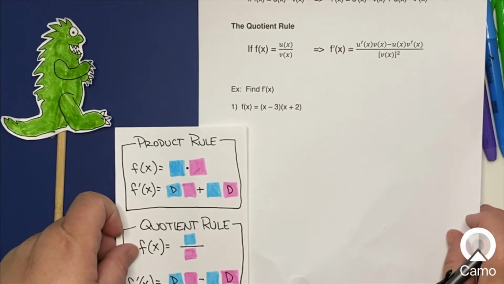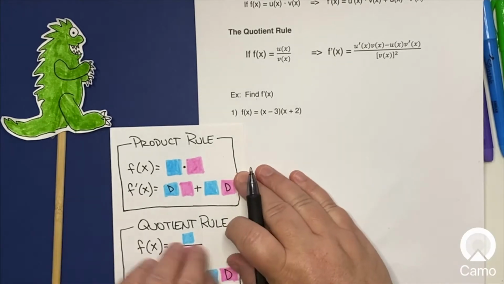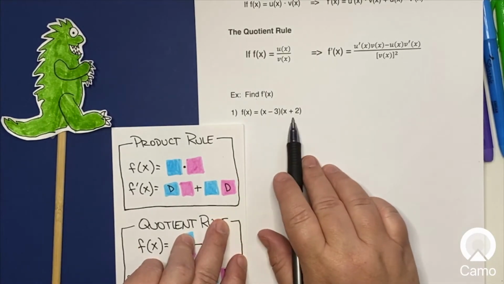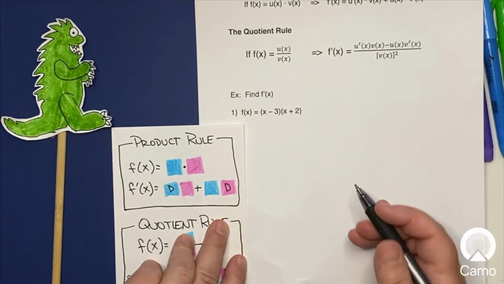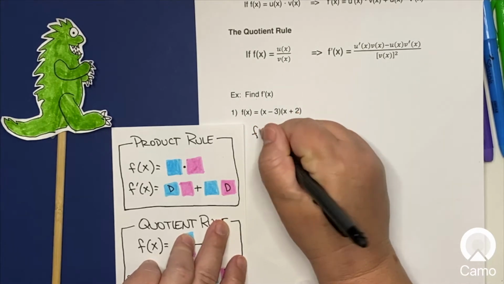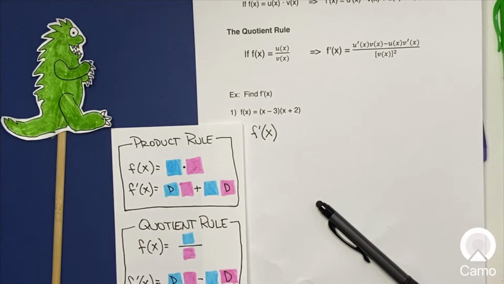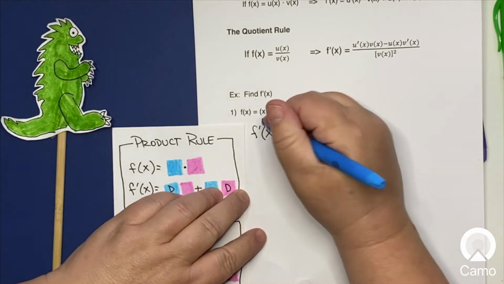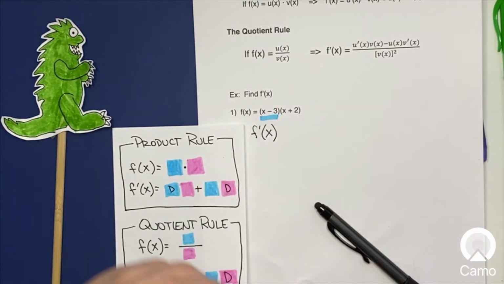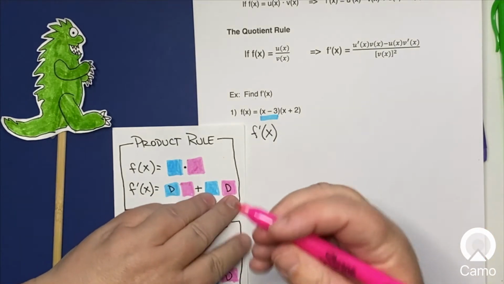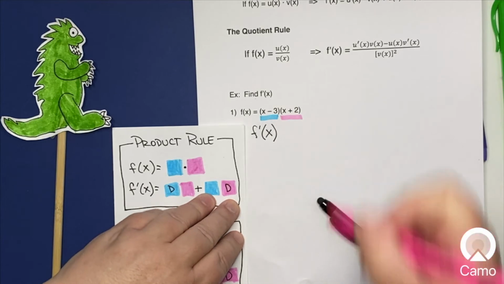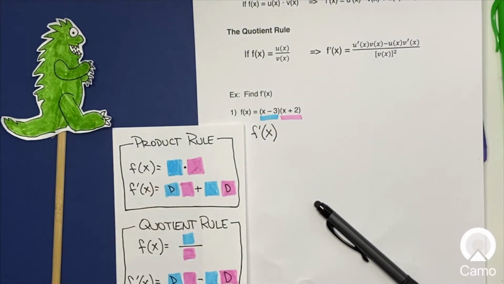So here, let me position this. Okay. I've got the product of two binomials, very straightforward. If I want to take the derivative, it might help if I say this is going to be the blue and this is going to be the pink. I'm just going to match them up with what I've got on my card, the blue times the pink.